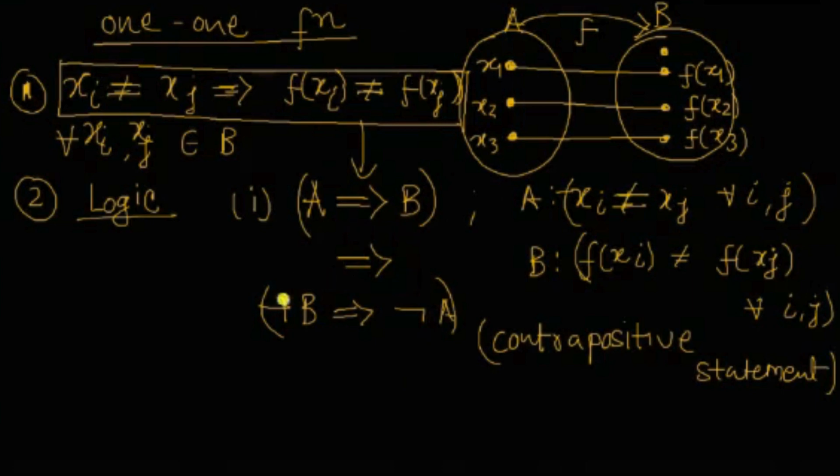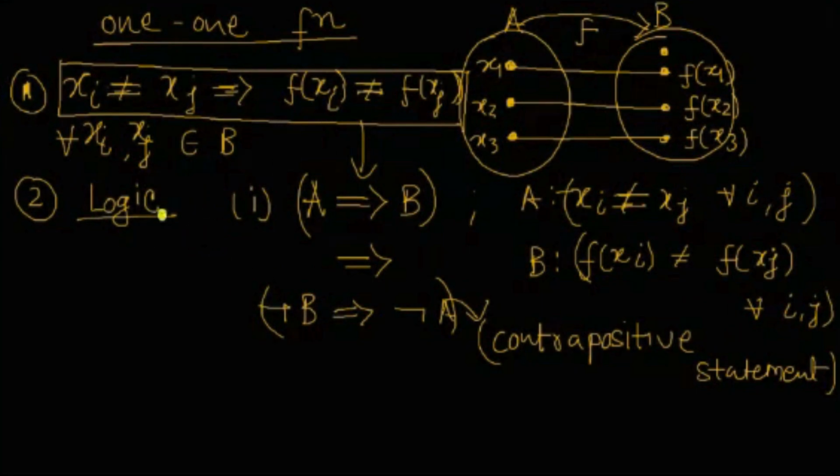If we prove the contrapositive statement, we can say that the positive statement is true as well. So proving A implies B is the same as proving not B implies not A.